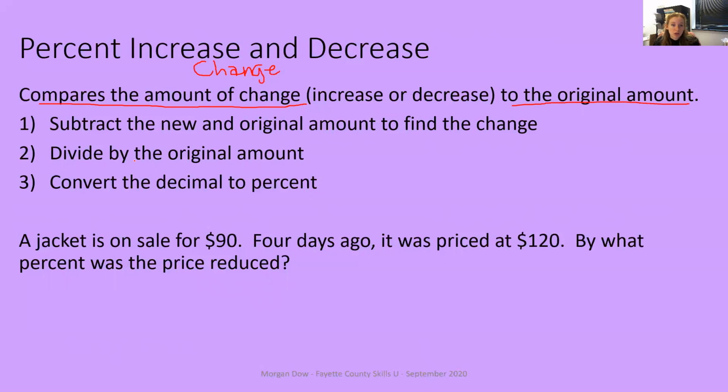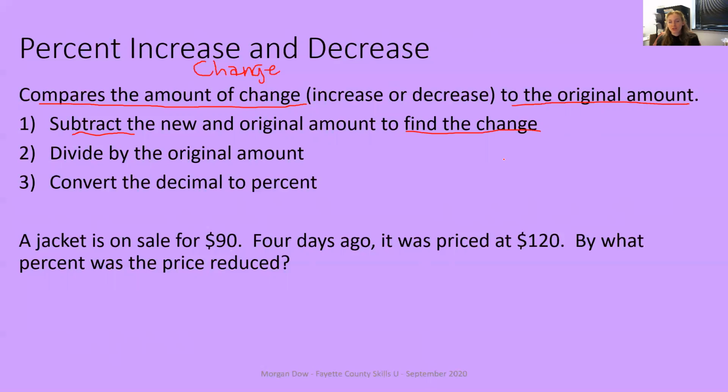So in order to make that comparison, the first thing you would need to do in any kind of percent increase or decrease problem is figure out the amount of increase or decrease. You would need to subtract to find the change. So from there, you really could solve the rest of the problem either by setting up a proportion or using the percent formula.